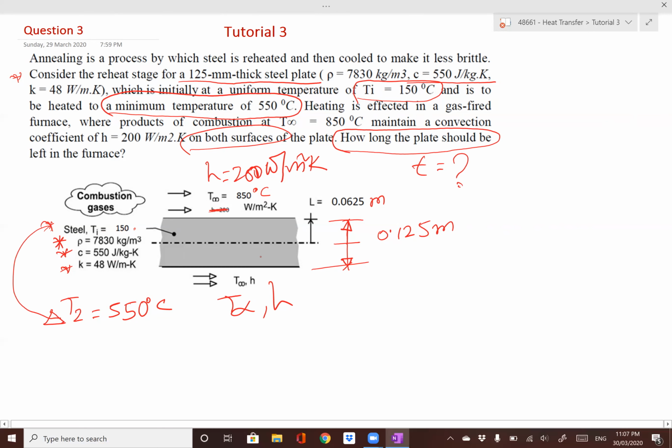Thickness for a rectangular plate is 2L. So the total thickness is given as 0.125 meter.